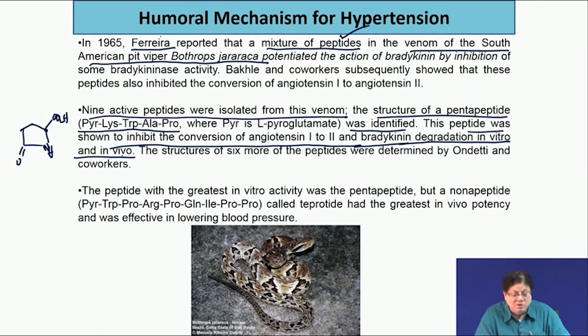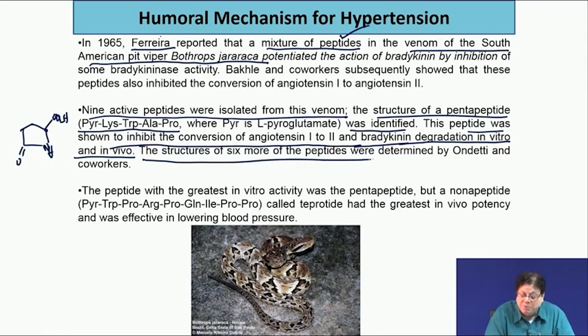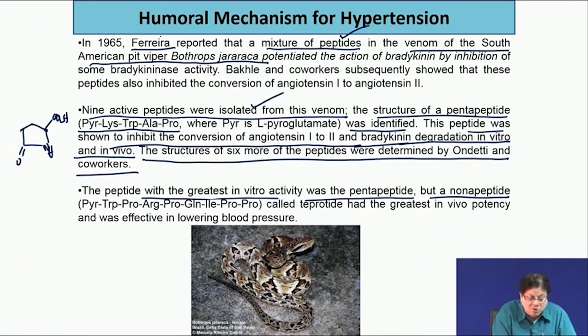is a vasodilator. Apart from these 5, the structures of 6 more peptides were determined by other persons, Ondetti and co-workers. Now, the peptide with the greatest in vitro activity was the pentapeptide, as I already mentioned, but they have also isolated a nonapeptide with the sequence pyro-TRPA, proline, arginine, proline.